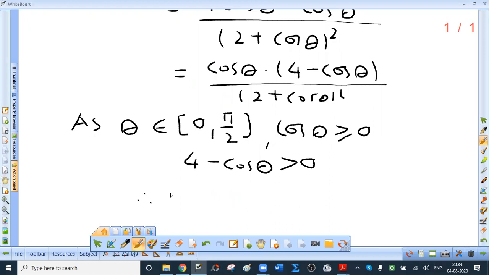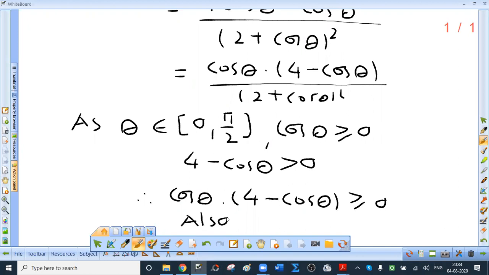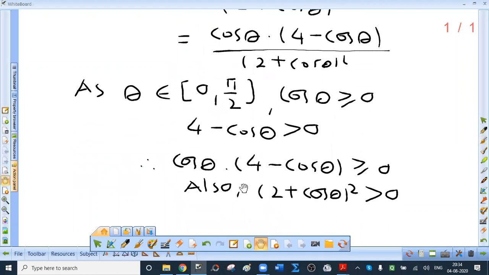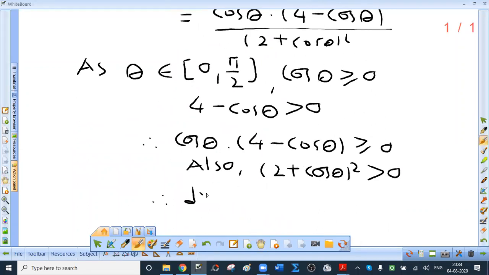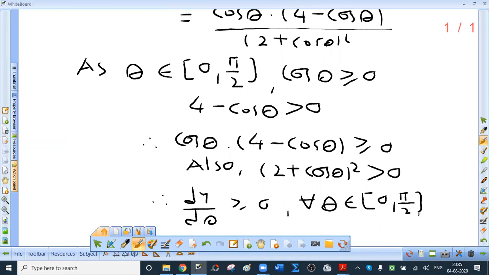Therefore the product cos theta into 4 minus cos theta is greater than or equal to 0. Also, the denominator 2 plus cos theta square is greater than 0. So the conclusion is dy d theta is greater than or equal to 0 for all theta belonging to the closed interval 0 to pi by 2.